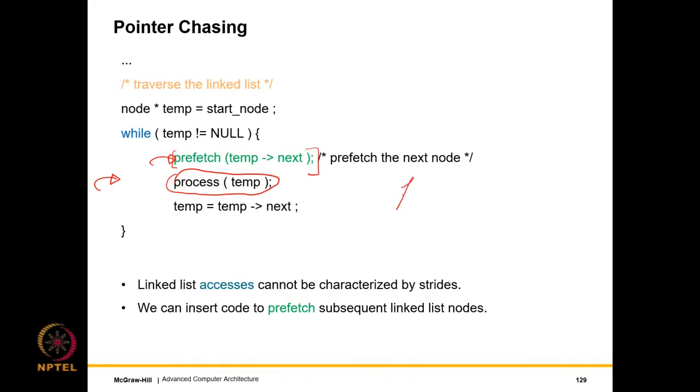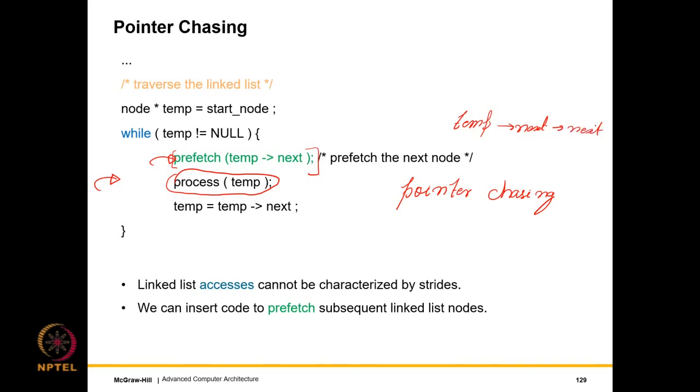This is also called a pointer chasing method, where we are essentially chasing the pointers of a linked list. What we can further do is, instead of fetching the next one, fetch the next one after that.